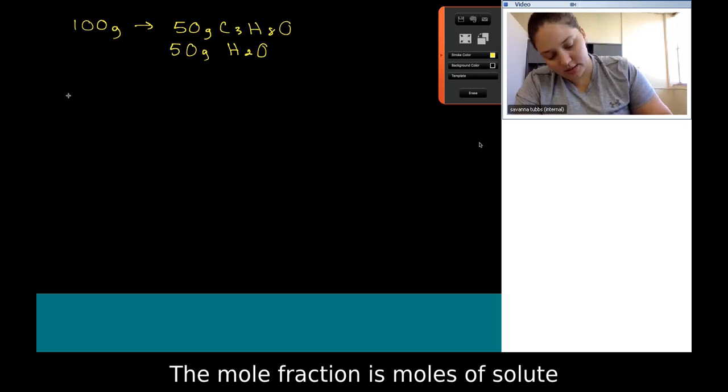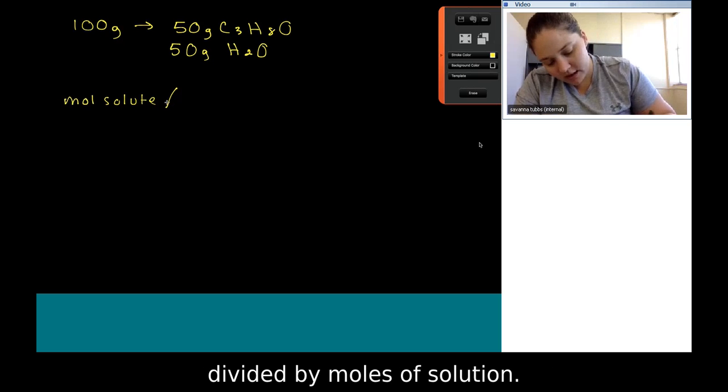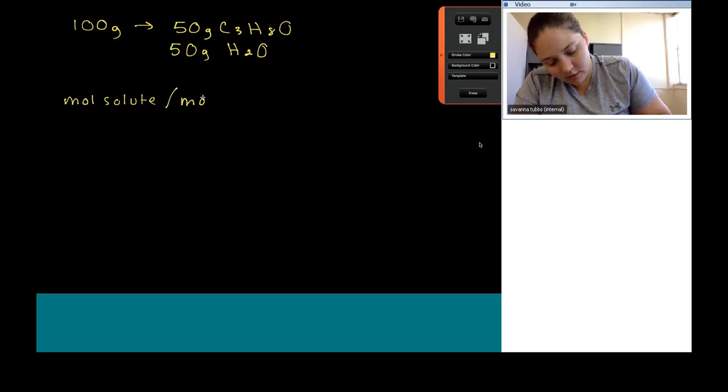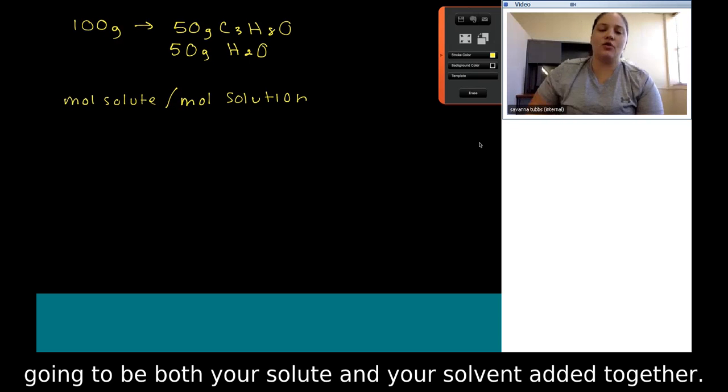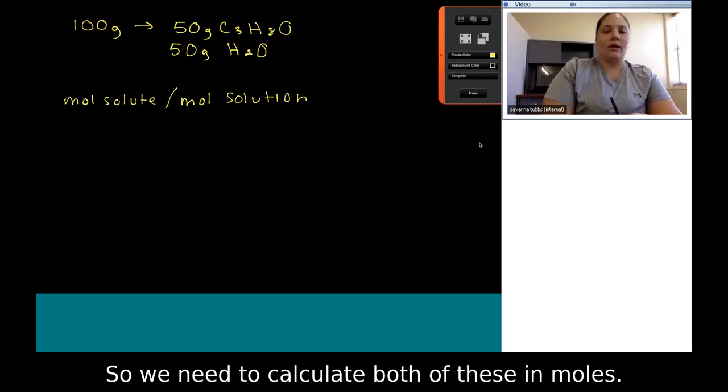The mole fraction is moles of solute divided by moles of solution. And remember that your solution is going to be both your solute and your solvent added together. So we need to calculate both of these in moles.